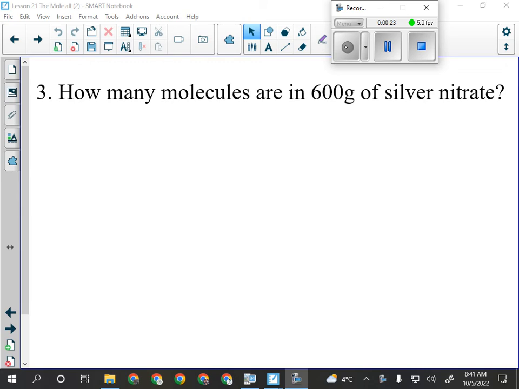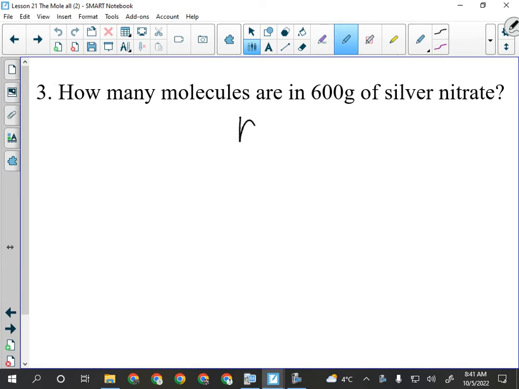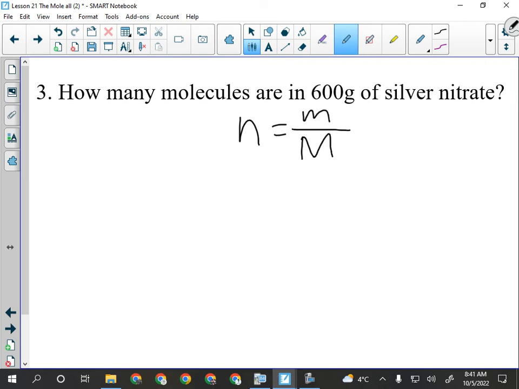We learned how to calculate the molar mass of each material we might encounter by taking the atomic mass of the elements that are in it and adding them together. And then we looked at the mole equation. The mole equation says that the number of moles is equal to the mass of the material divided by the molar mass, which is the mass of 1 mole.